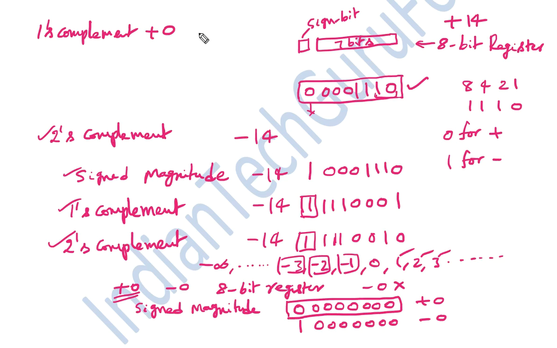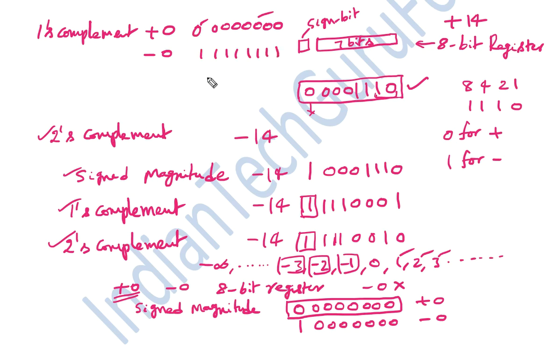So I represent plus 0 in the same fashion as signed magnitude, that is, 0 as the sign bit and 7 zero magnitude bits. However, how could I represent minus 0? We need to find the ones complement of this entire value, which is 1, 1, 1, 1, 1, 1, 1, 1.